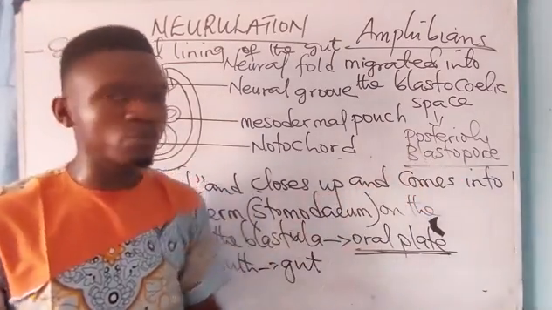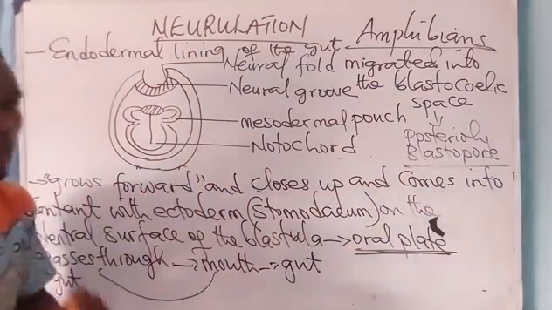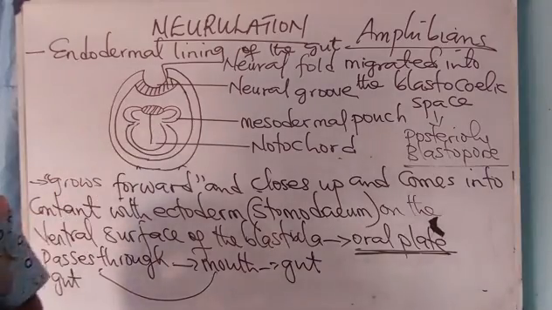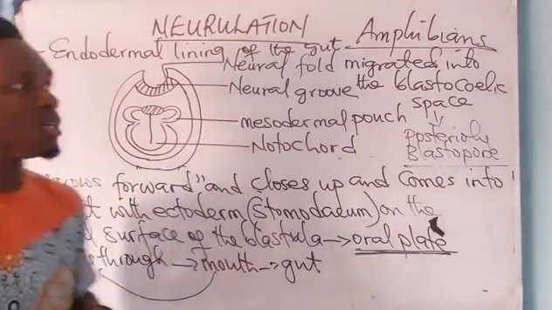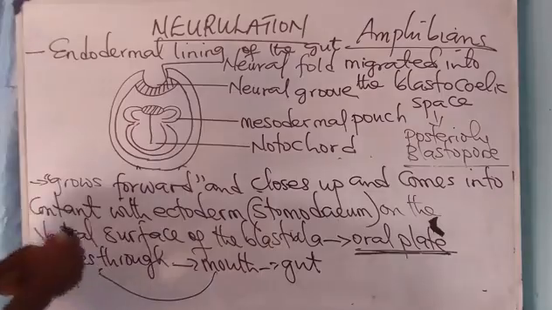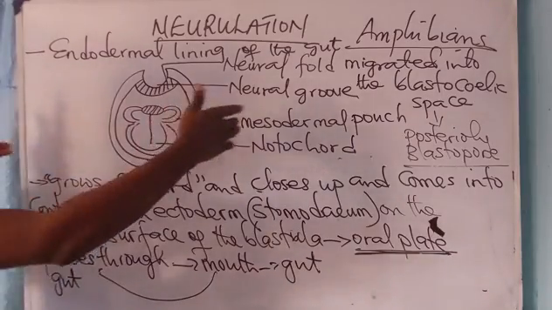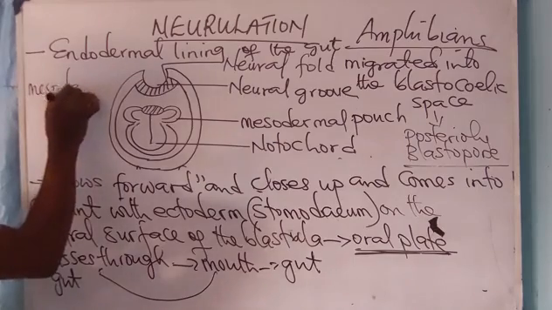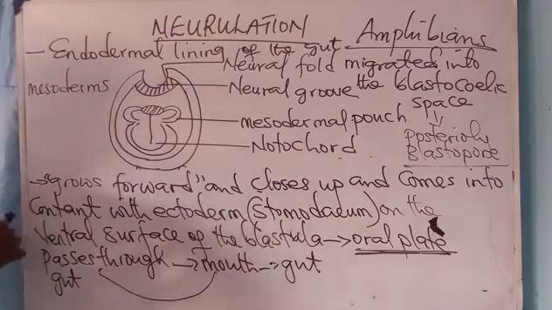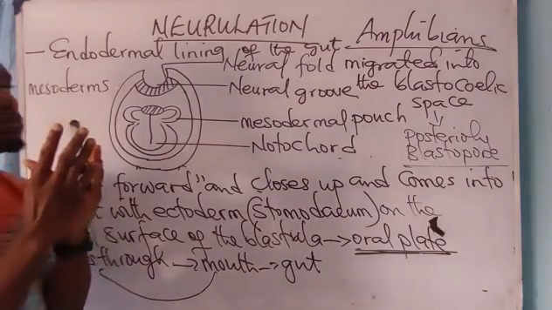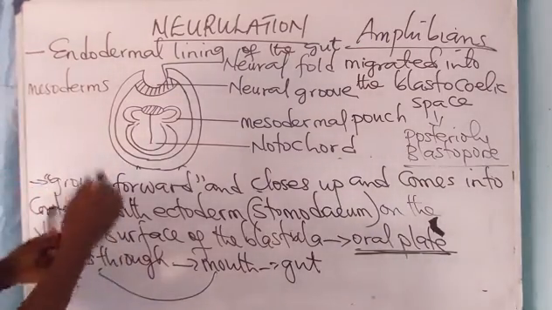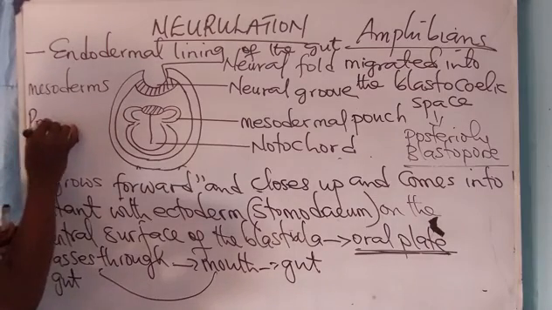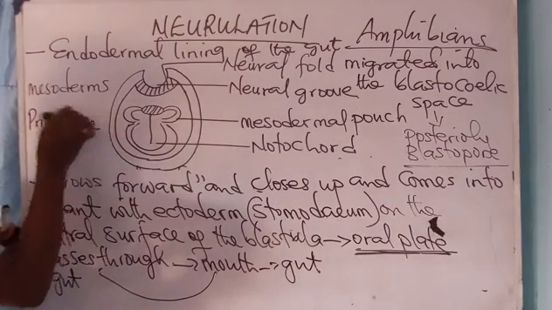The blastopore forms what? Anus. But in birds, the mesoderm is not formed like that. In birds, the mesoderm interacts on each side of the blastula. In birds, the mesoderm interacts on each side of the invagination, called the primitive streak.